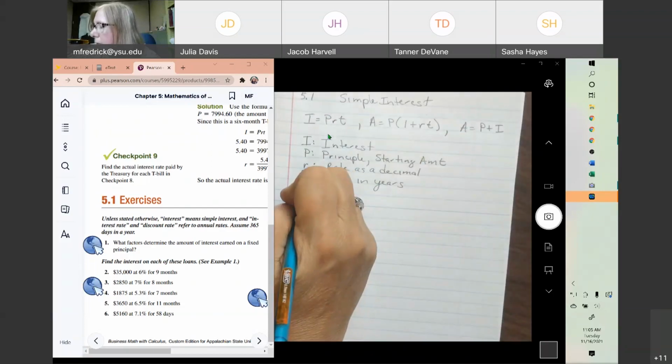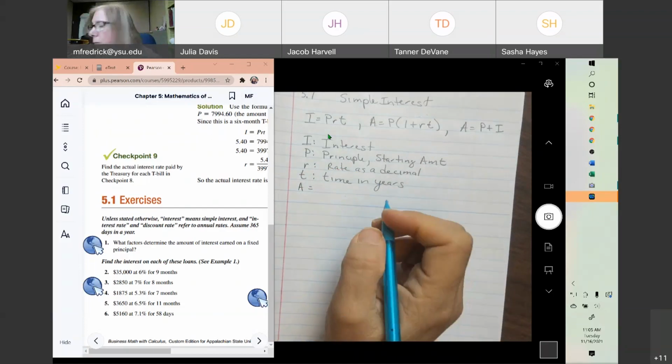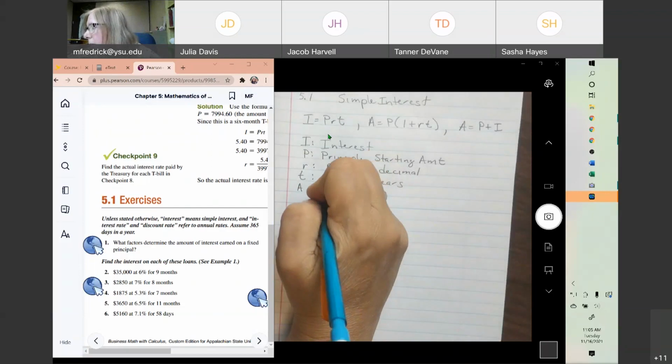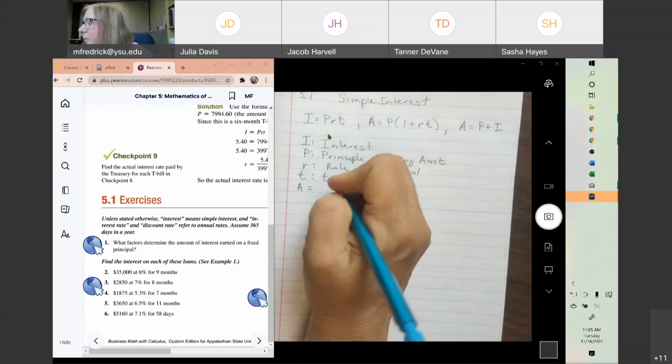A is the amount at the end, another word, like future value.